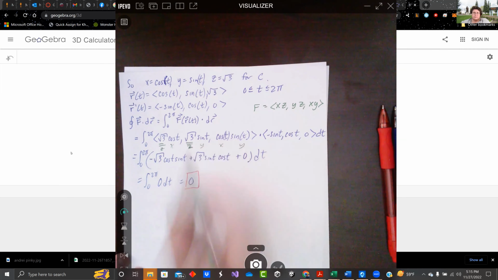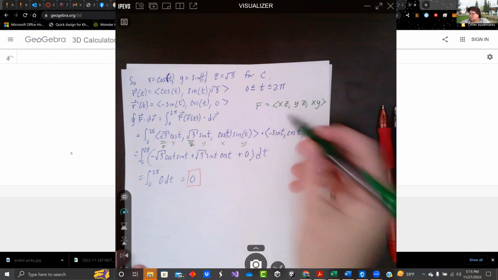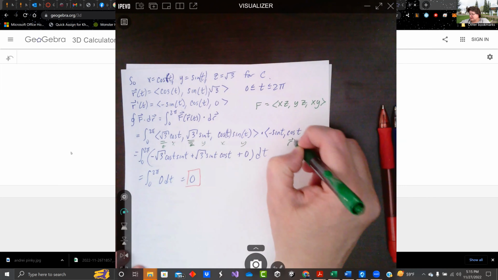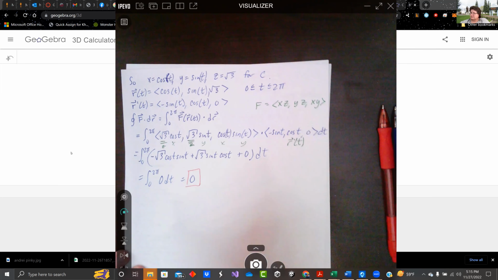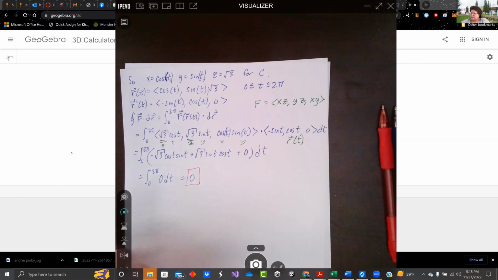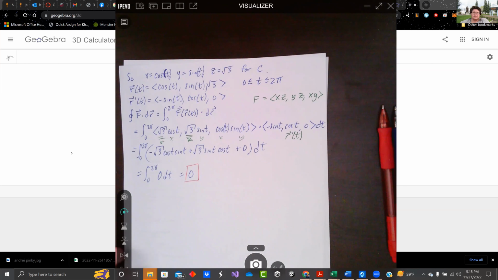So that's where I got those components. I'm dotting that with r prime of t, which is dr dt. And you see we get negative square root of 3 cosine t sine t plus square root of 3 sine t cosine t equals 0. That all adds up to the integral of 0, so the total is 0.